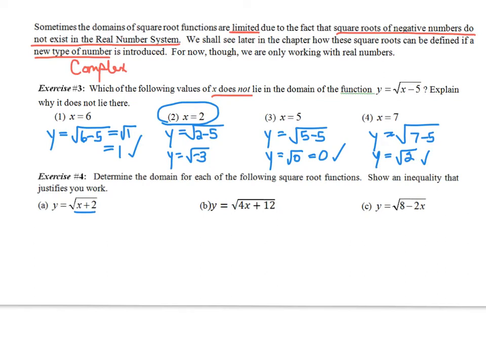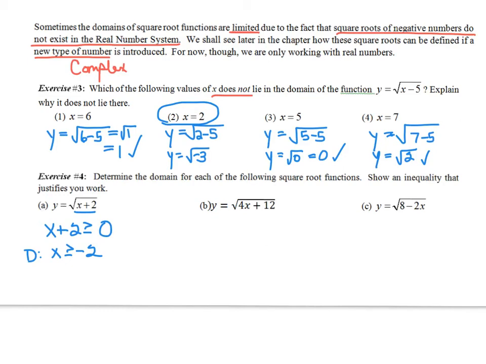So when I'm trying to solve for the domain, I'm going to take that radicand, x plus 2, and I want to set up the inequality that says x plus 2 has to be greater than or equal to 0. This is a nice, easy inequality to solve for, so I'm going to subtract 2 from both sides, and I get that the domain for this square root function is all numbers x greater than or equal to negative 2.